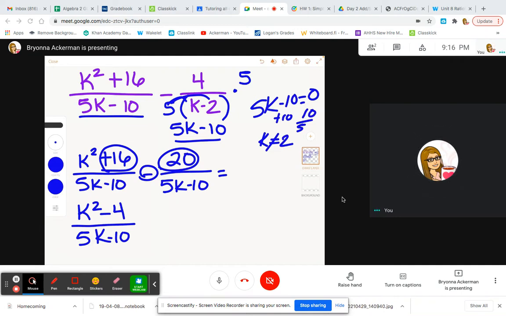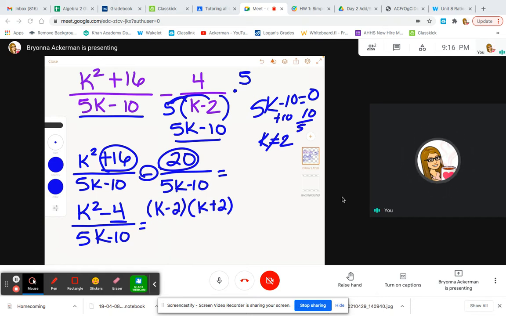On the top, we have a difference of squares, so we're going to end up with k minus 2 and k plus 2. Because there's no middle term, we know it's always going to be opposite. And this is a perfect square, so the square root of 4 is 2.